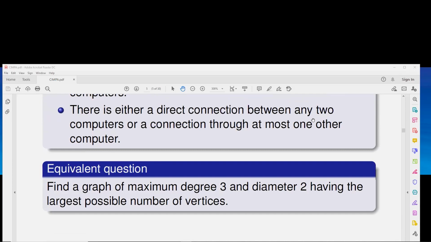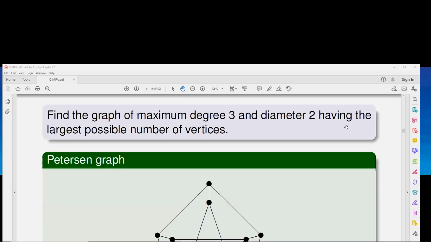So maximum degree 3 means you allow yourself to have degree at most 3 for every vertex. Sometimes it can happen that all the vertices have degree 3, but one of them still has degree 2.